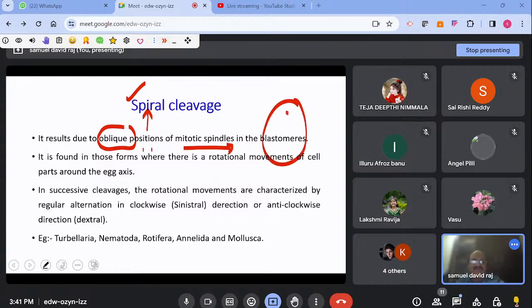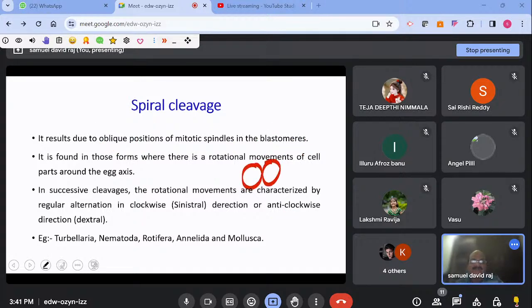In the first stage, these are at right angles to each other so that it divides the cells into two. Okay, and in the second stage, after karyogenesis, cytokinesis follows between the two nuclei. But here the first cell division results in two daughter cells, and the second division is somewhat oblique so that the other two cells are not placed exactly one above the other.